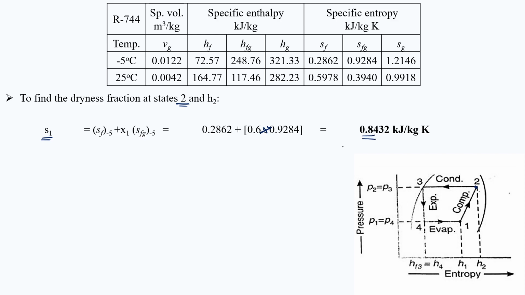This gives the entropy at point 1 to be 0.8432 kilojoules per kilogram Kelvin. Also, we know the entropy at 2 will be the same as at 1, since the compression is isentropic in nature, that is, constant entropy.